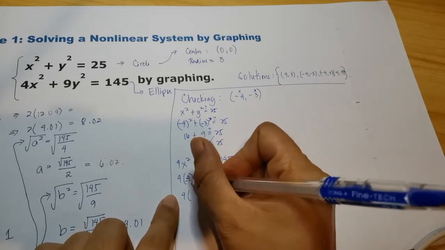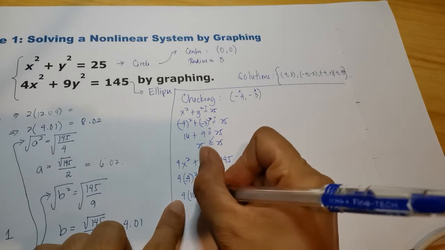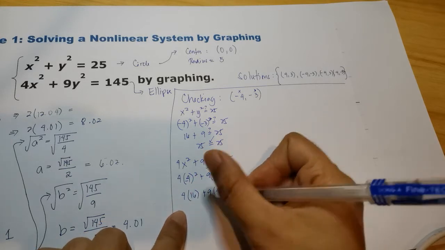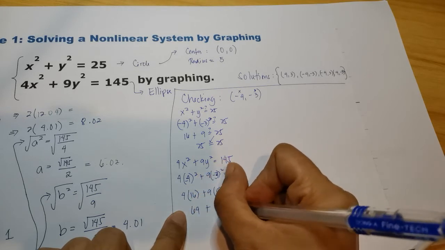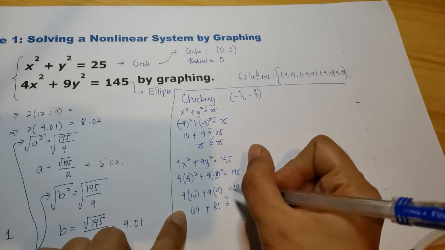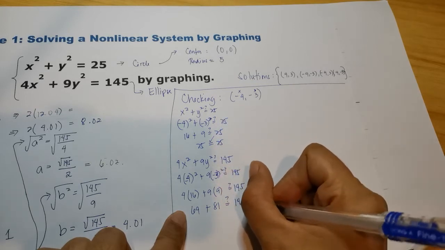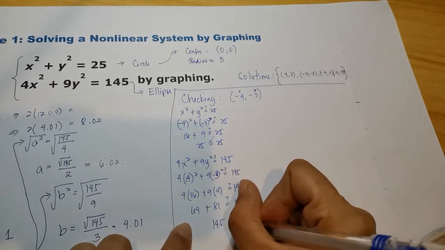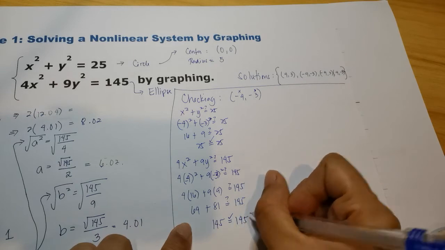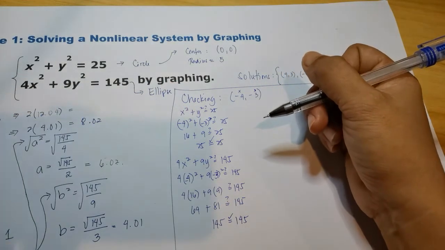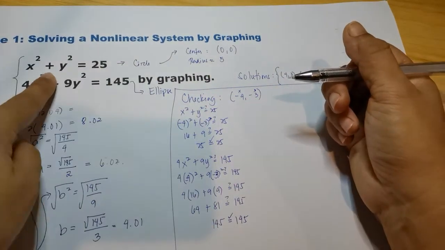So 4 times negative 4 squared, which is 16, is 64, plus 9 times 9, is 81. Is it equal to 145? So 145 equals 145. Okay, so it satisfies also the second equation. Therefore, this is a solution to that.